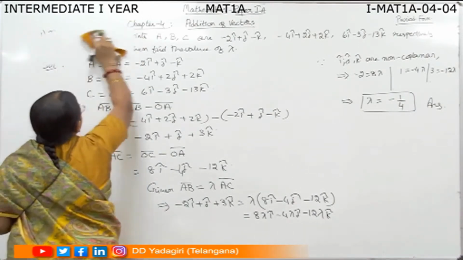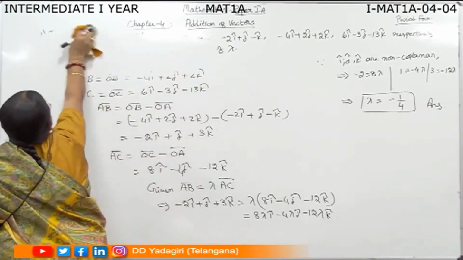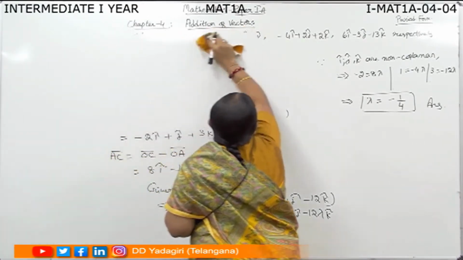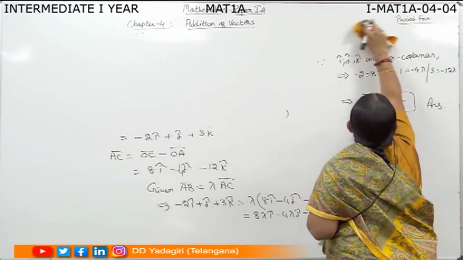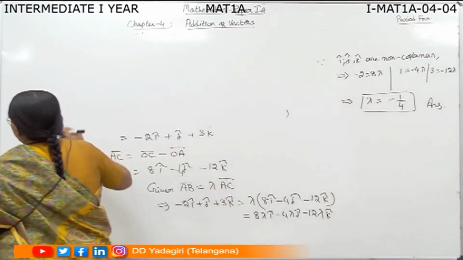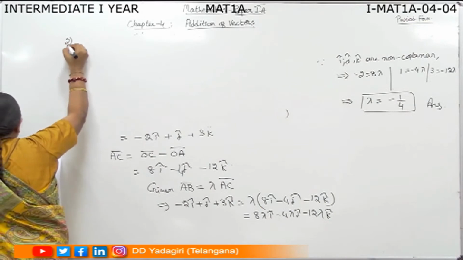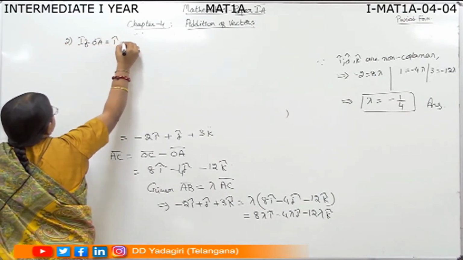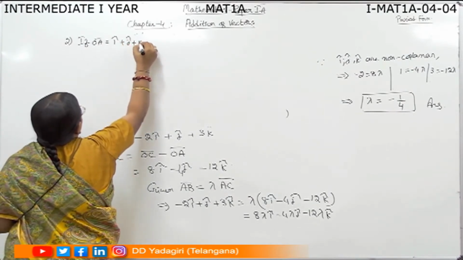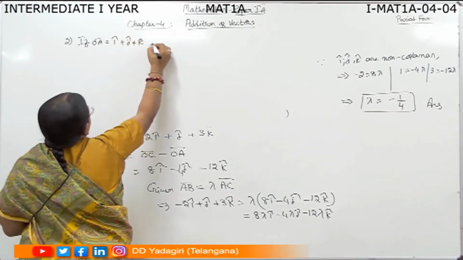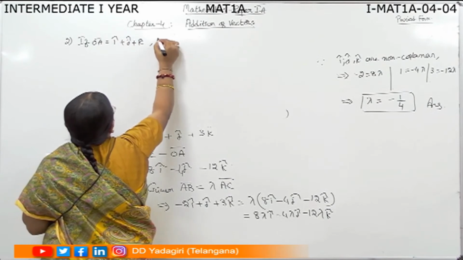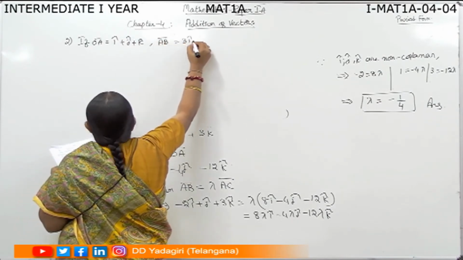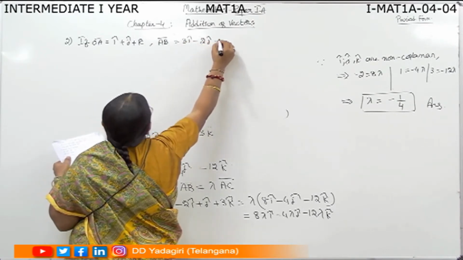The second problem I'll write. If OA is equal to i plus j plus k, and AB is equal to 3i minus 2j plus k.